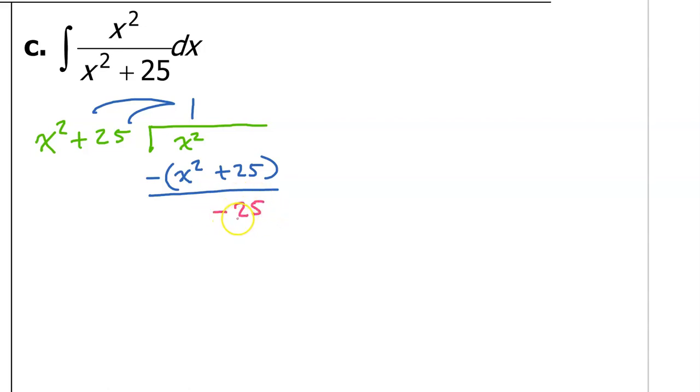This is the remainder, so what do I do with it? I take the remainder and I put it over the divisor. So I have minus 25 over x squared plus 25. The expression that we see on the top of this division is equivalent to the original integrand.